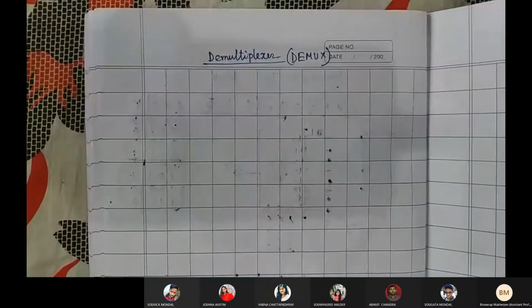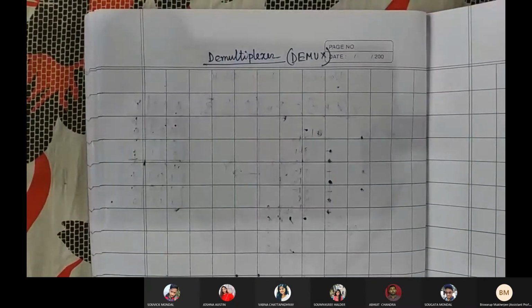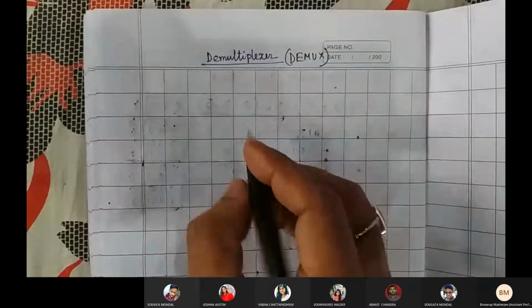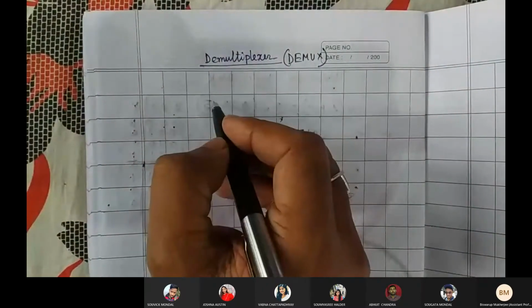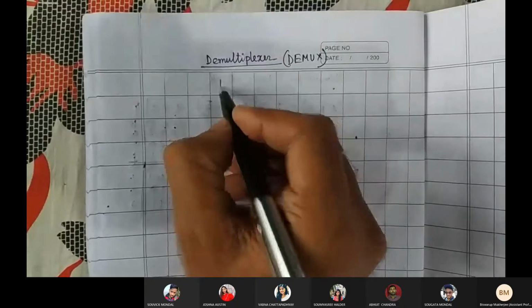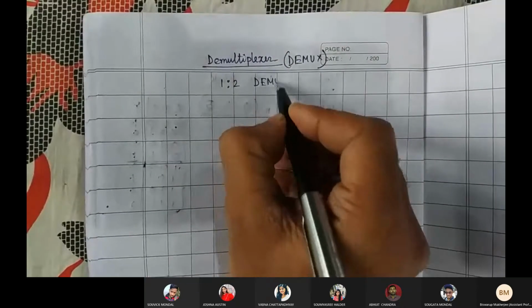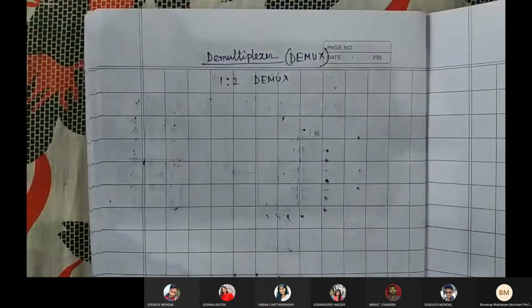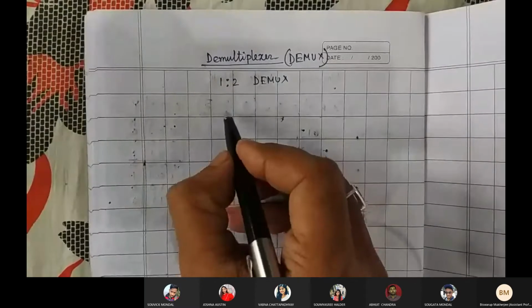It is actually just the opposite of a multiplexer. In a simple multiplexer, we used to say 2:1 mux or 4:1 mux. It would be the opposite, 1:2 demux, or 1:4 demux. Okay. So starting with 1:2 demux.